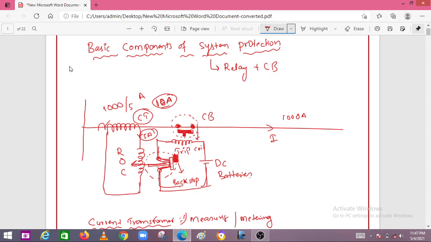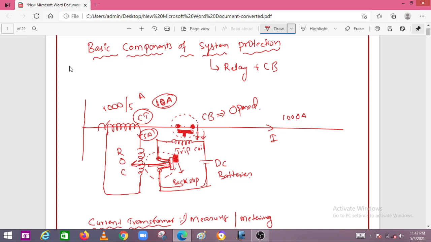So earlier, because of this plunger only, these two contacts had been closed. As long as this trip coil is attracting, this plunger will be moving downward, opening these two contacts. That means the circuit breaker is opened.